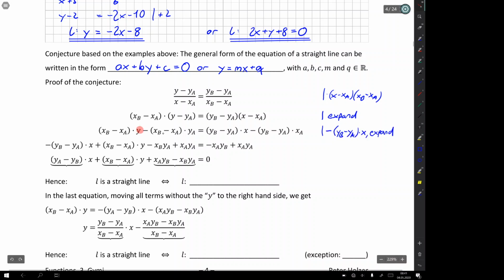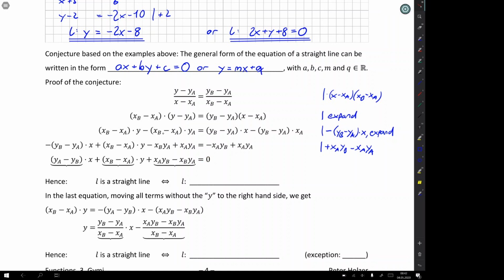And we keep this part here, and we expand this expression. So we get this here, and this expression over here, we get this here. And in the last step, we subtract this whole expression here. Or in other words, we add xa yb and subtract xa ya, so the right-hand side becomes 0.